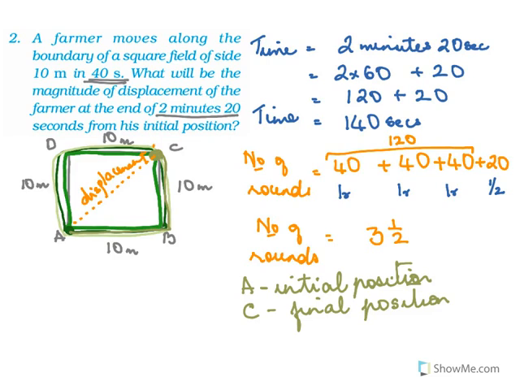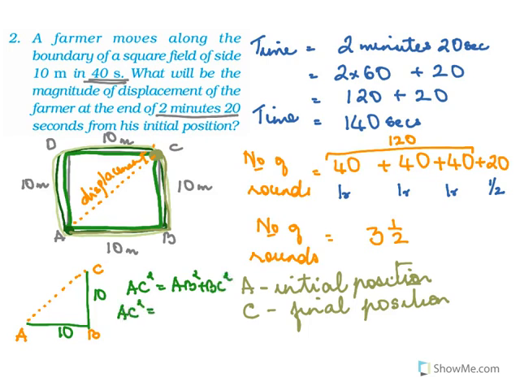Now to find AC, I'll draw the figure again here. I'm only drawing the figure to find AC. Now this is my AC. Here is A, this is B, and this is C. To find AC, I'm going to use Pythagoras theorem. So I have 10, 10. So we have AC square equal to AB square plus BC square.